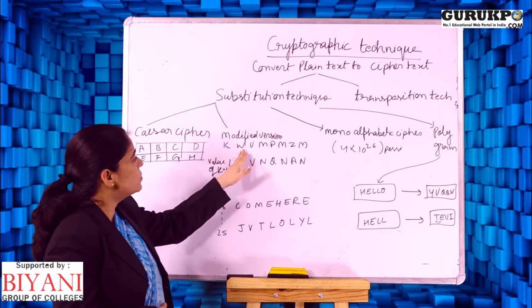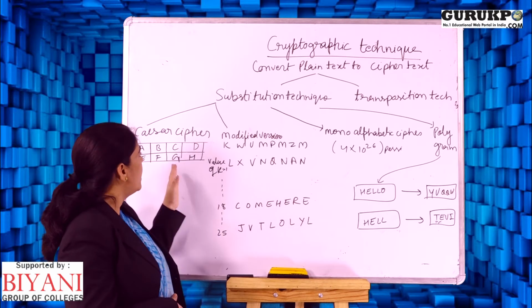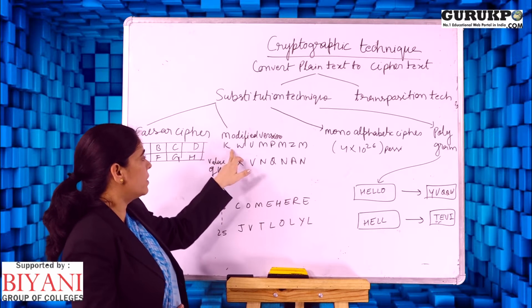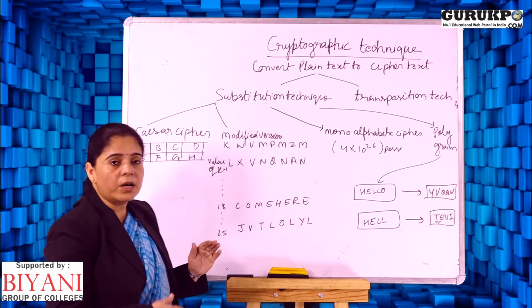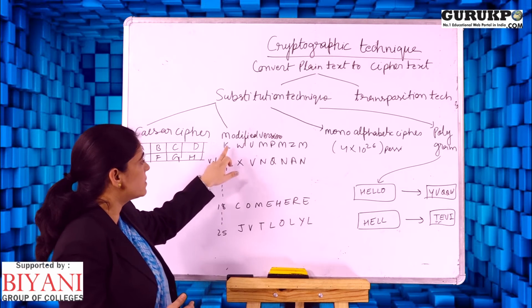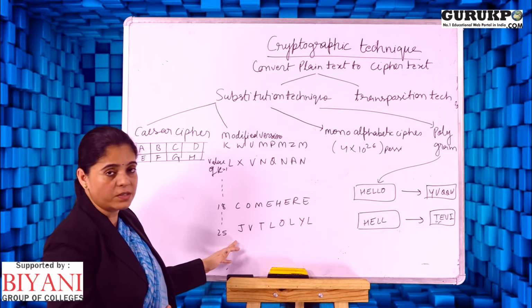Next, the modified version of the Caesar cipher. This is somewhat stronger than the Caesar cipher. Here, suppose there are 25 possibilities, so we can replace the letter with any of the remaining letters.